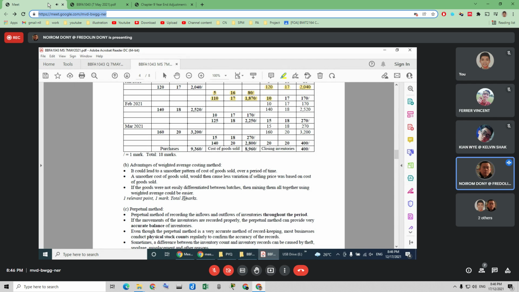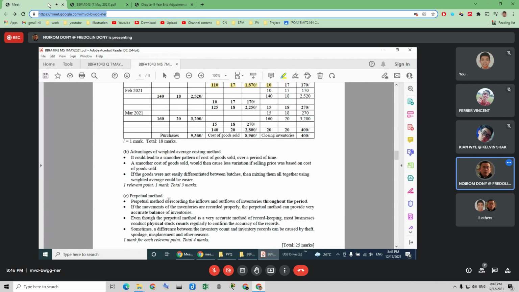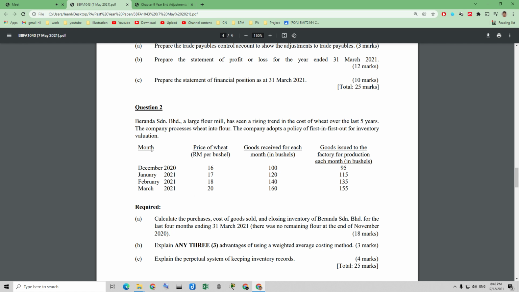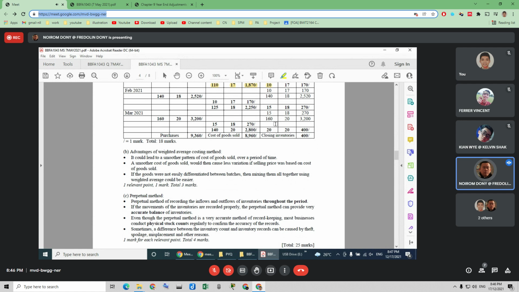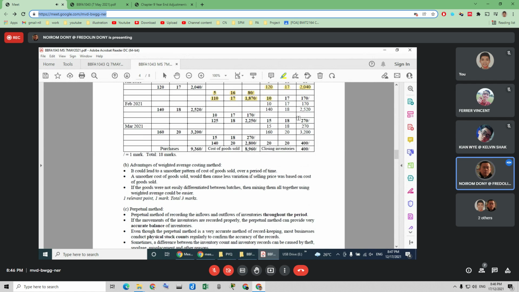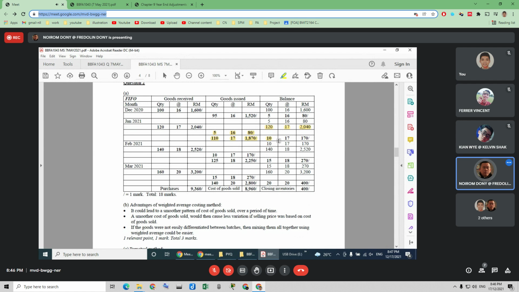And then C, explain perpetual system of keeping inventory record. So perpetual method means it is continuous recording throughout the period. Every time we have a transaction, we immediately do the continuous updating of the bin card, like what we have done just now.